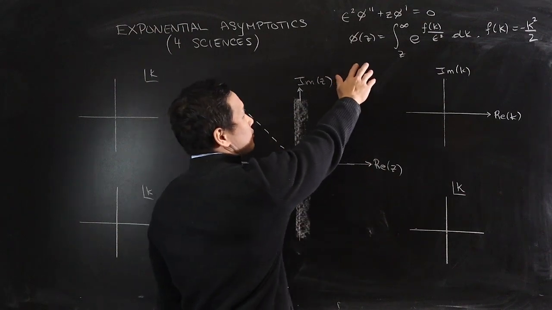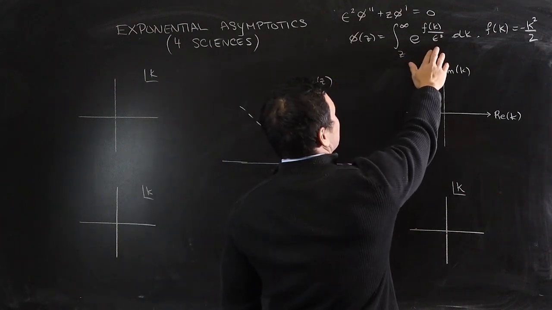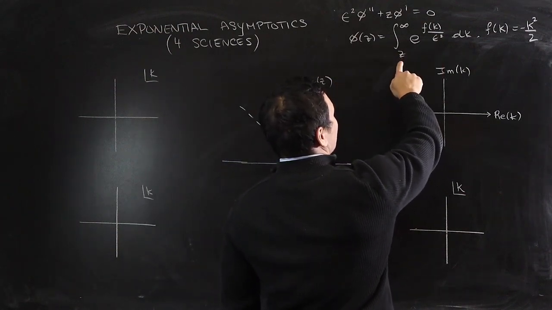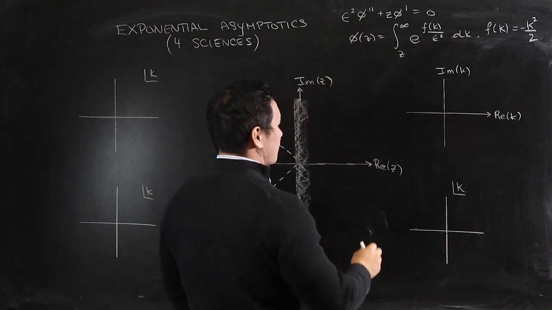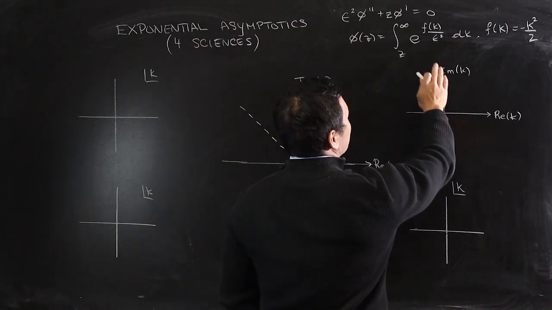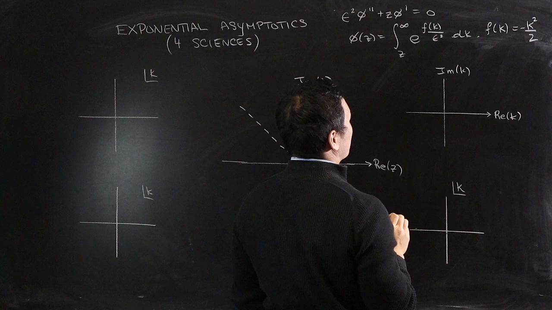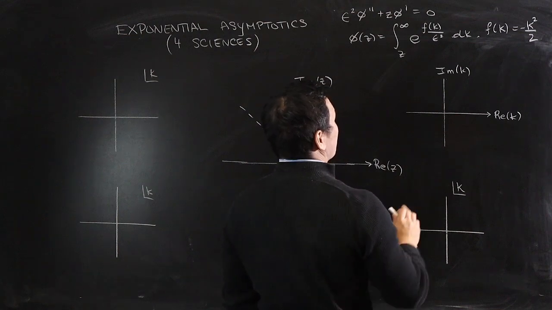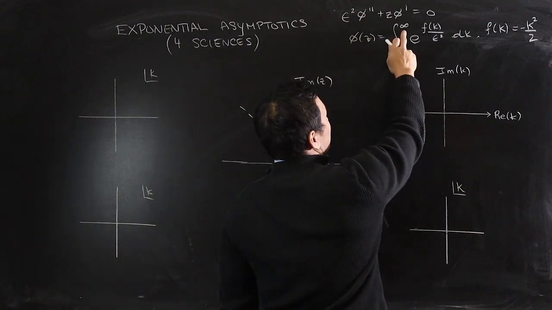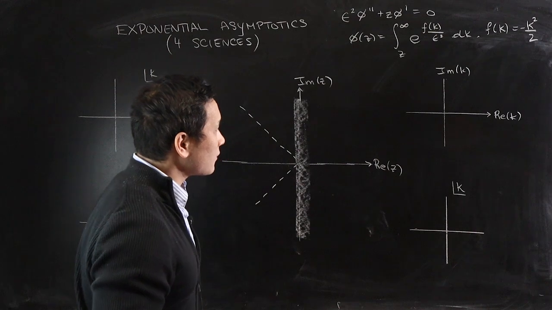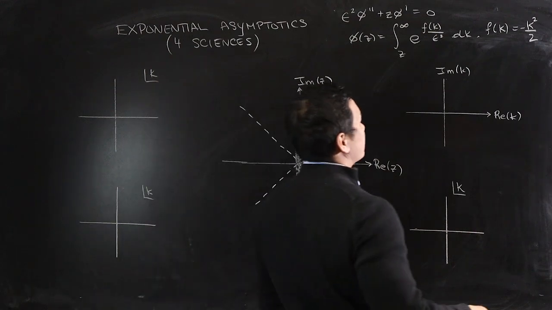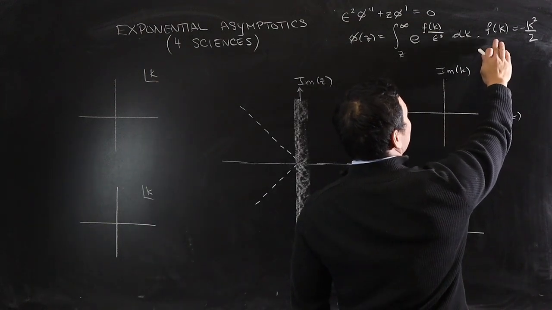This is the integral that you want to study as epsilon goes to 0, and here you want to integrate in the k plane. So k is the integration variable. You want to integrate from a point z to a point at infinity, and the integrand is dictated by the behavior of this function f of k.